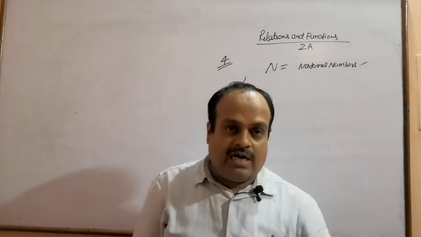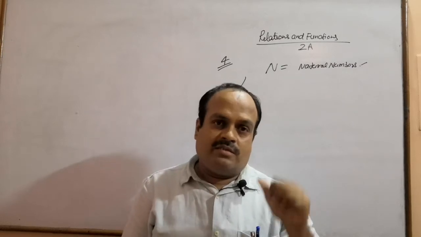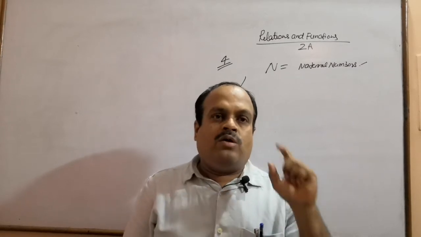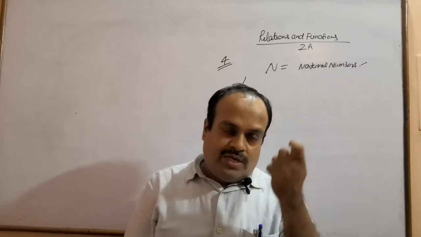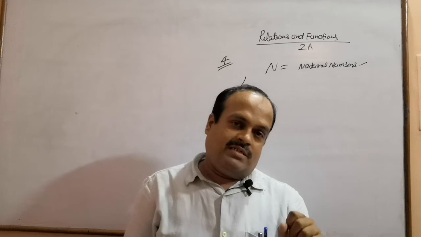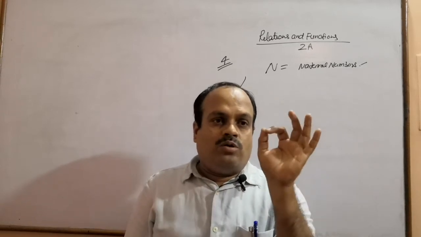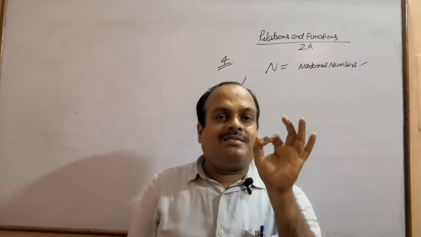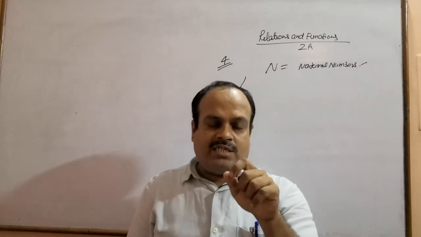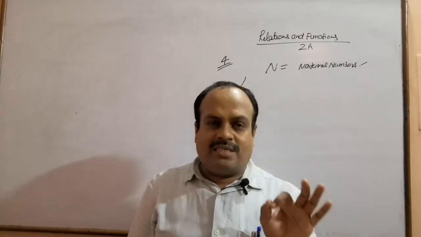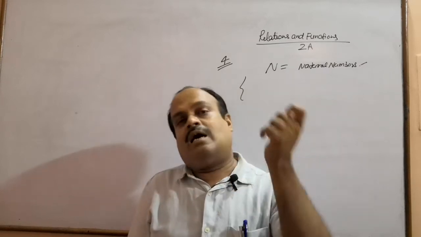These three methods are: first, the descriptive method; second, the roster or tabular method, in which we write the elements of the set; third, the rule method or set builder method, in which we write the set in a pair of curly braces using the pattern on which its elements are based.